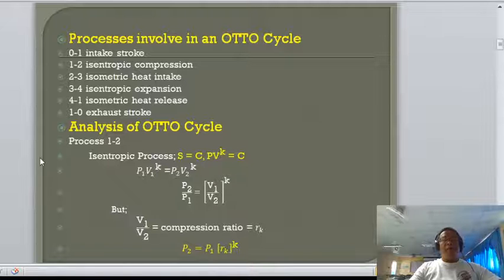But what is the term involved here for the ratio of V sub 1 and V sub 2?